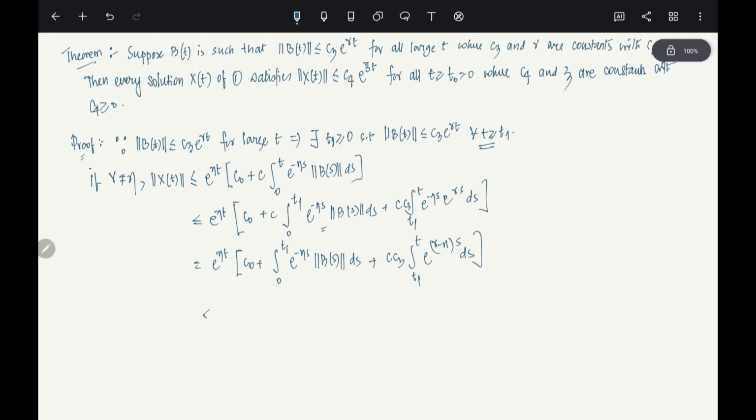See, we can write it as dominated by e to the power gamma t times C naught.